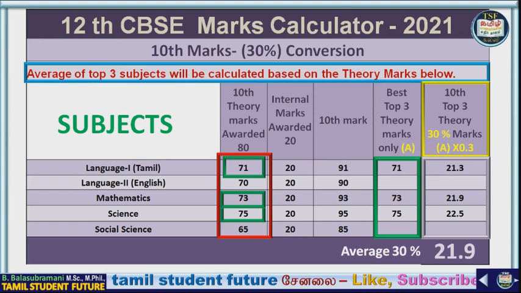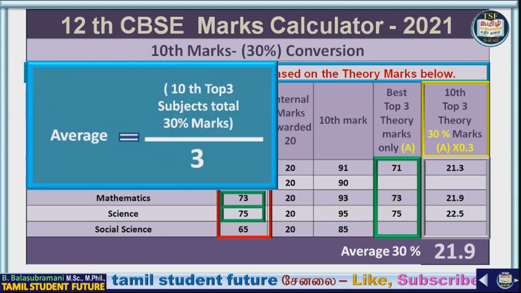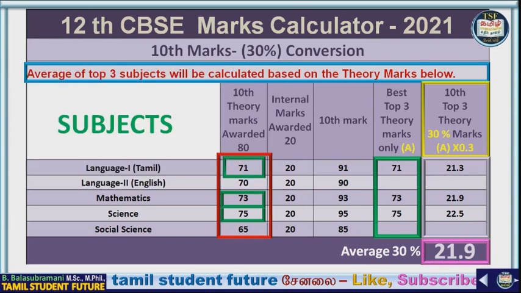So 21.3, 21.9, 22.5. The average is calculated as the total of the top 3 subjects' 30% marks divided by 3. So our 10th mark average 30% is 21.9. Now we have calculated the 10th mark for the CBSE mark calculator.